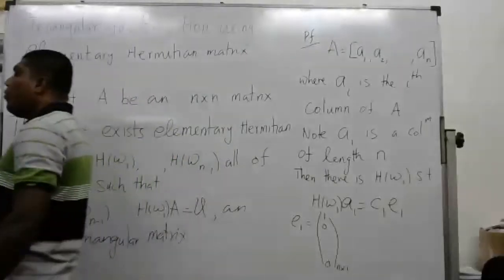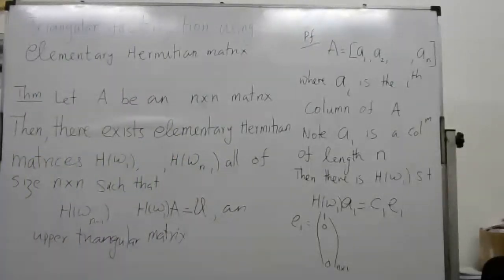If A is an n cross n matrix, the first column is a column with n components.